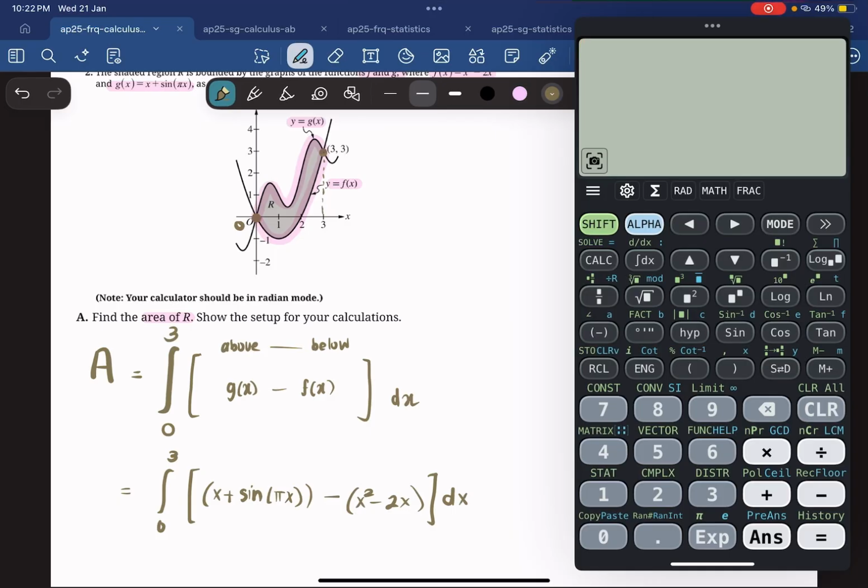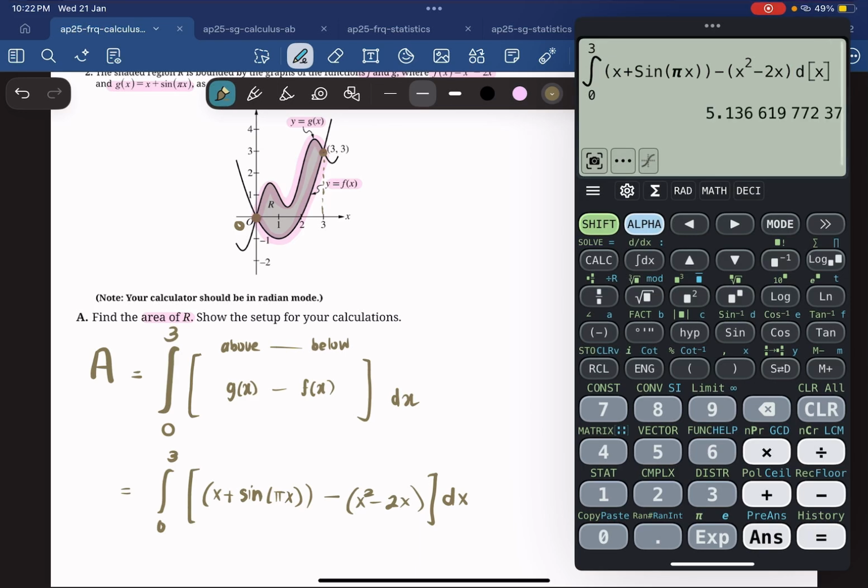And you don't have to simplify anything since it's a graphing calculator question. You can do it on your graphing calculator from 0 to 3 of alpha x plus sine, shift pi alpha x, close the bracket, minus alpha x squared minus 2 alpha x, and that's our integral.